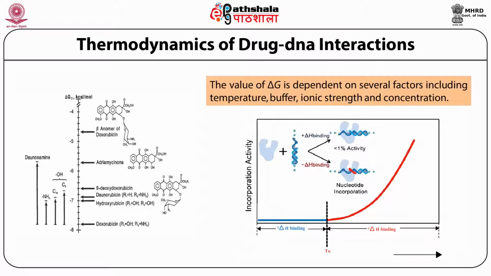It is simply estimated in terms of delta G value, which depends on several factors such as temperature, buffer, ionic strength, and counter ions. You can see here the delta G positive binding and the negative binding, and these are the values of delta G given for different types of drugs on a particular scale.